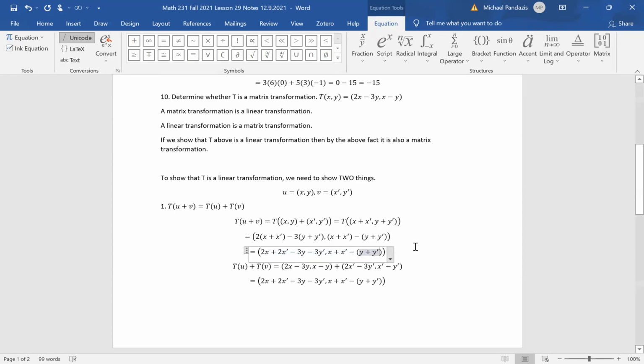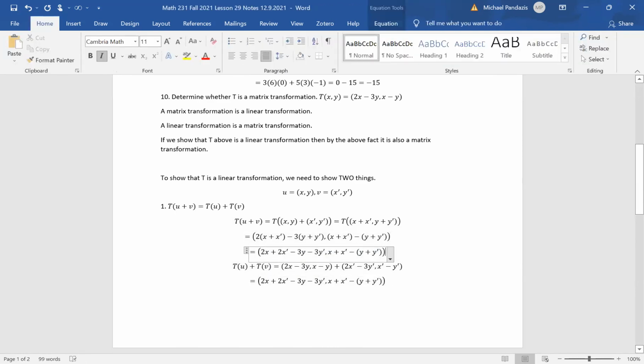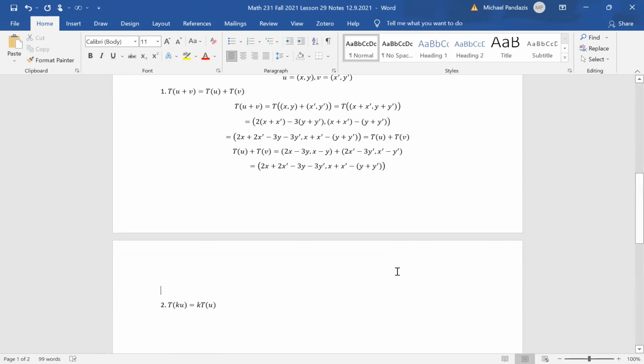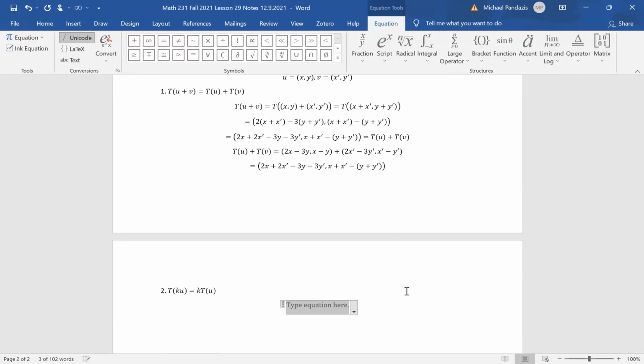Okay, so this thing is this. And so that means that this is equal to T of u plus T of v. And so that shows the first property of a linear transformation holds, that T of u plus v is equal to T of u plus T of v. And then the second property is that T of ku equals k times T of u.